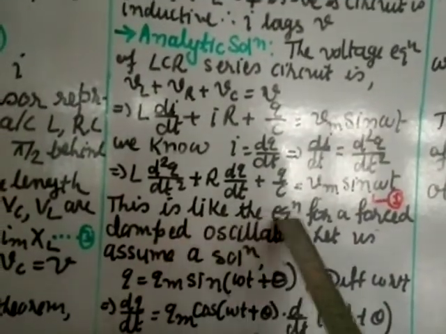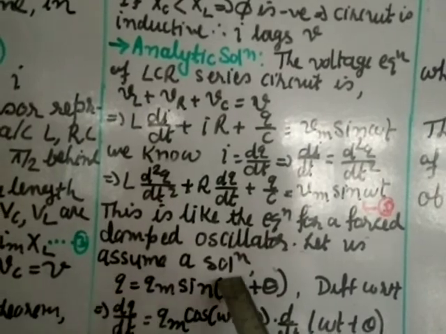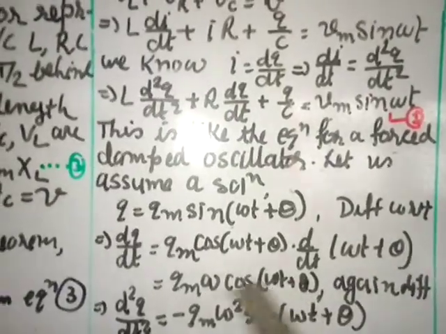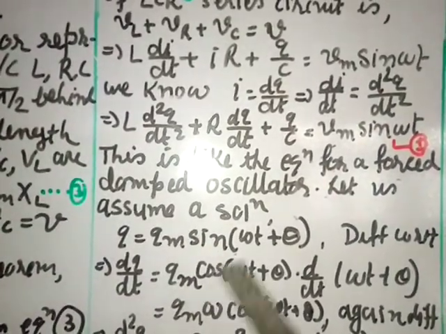Now this is like the equation for a forced damped oscillator. Let us assume the solution is q equal to qm sin(omega t plus theta). Differentiating both sides, dq by dt is equal to qm omega cos(omega t plus theta).